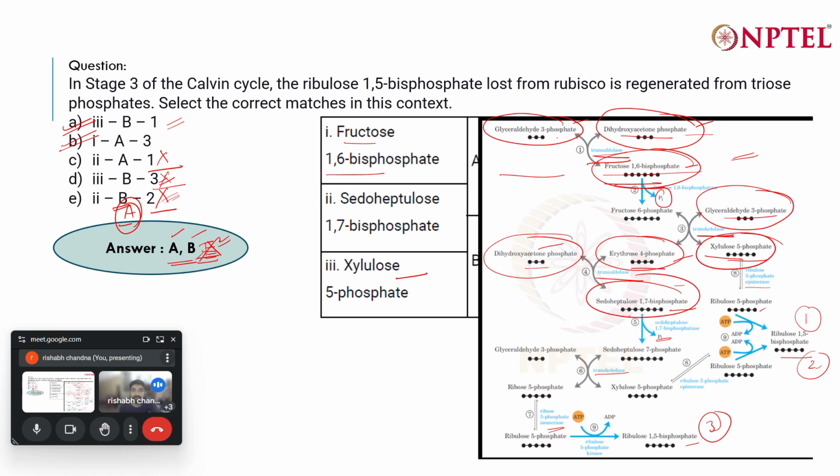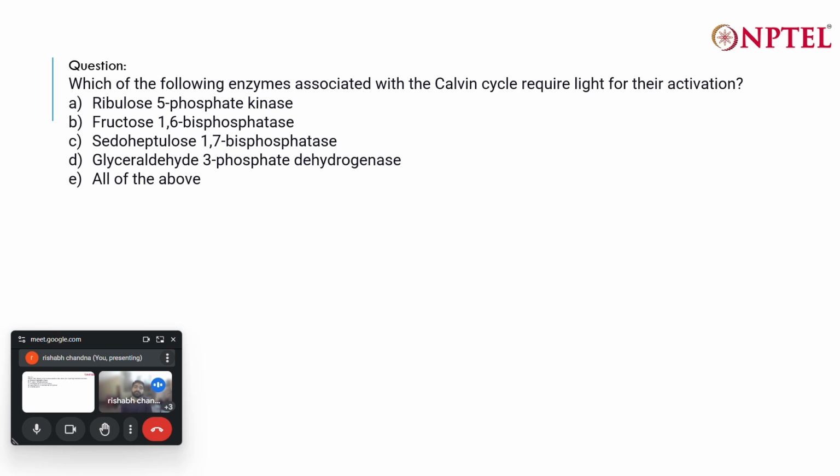Okay, let's move on to the next question. Which of the following enzymes associated with the Calvin cycle require light for their activation?